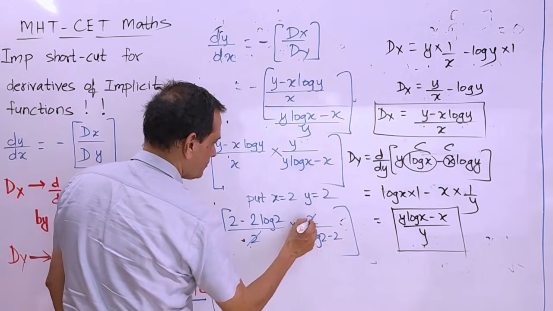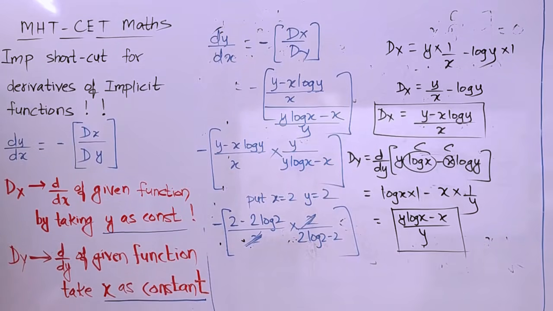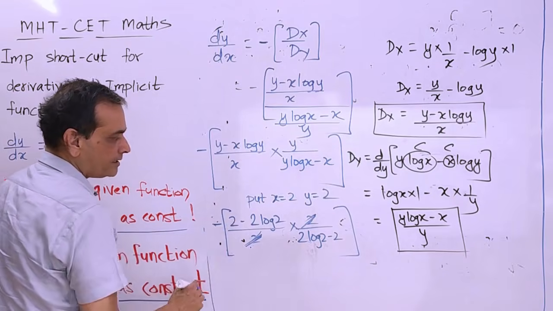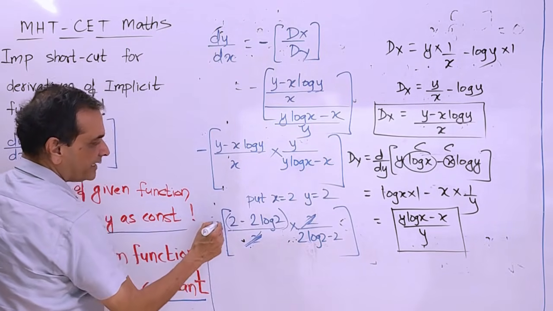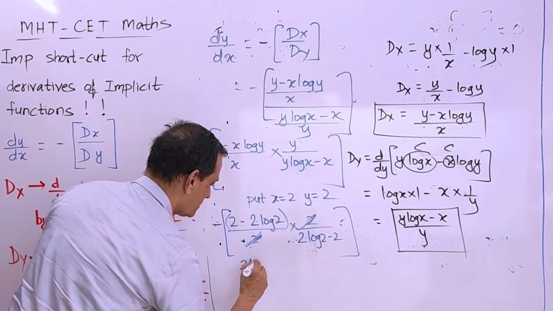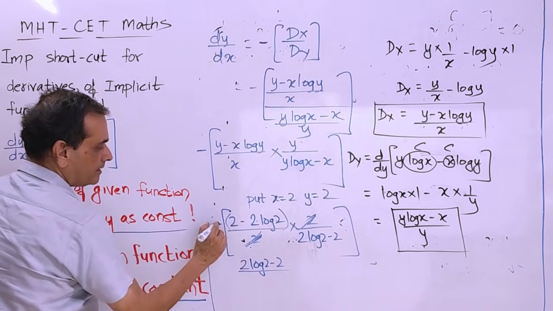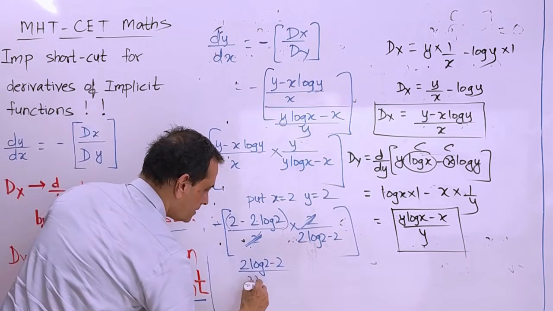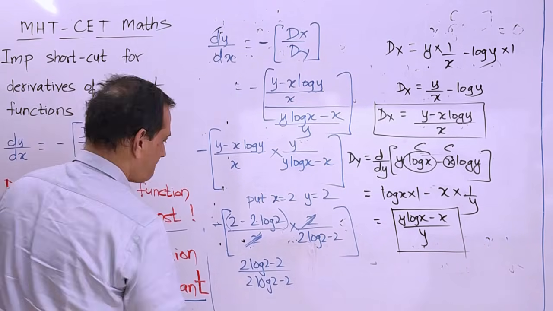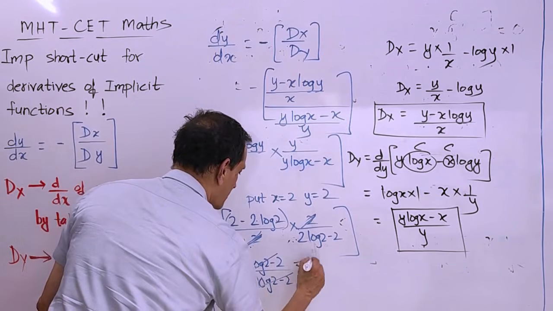Two gets cancelled. Then if you take this negative sign inside, when the negative sign is taken inside, this will interchange. 2 log 2 comes in front. उल्टा हो जाएगा. Simple सा आंसर है. What is the answer? Everything gets cancelled. 1 is the answer.